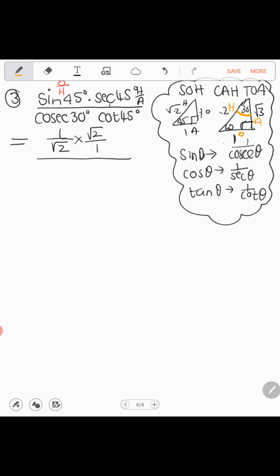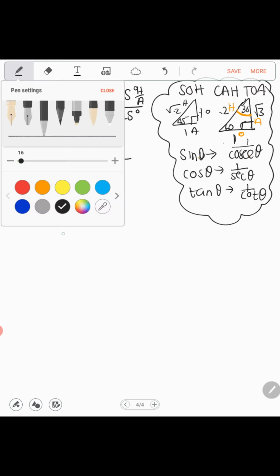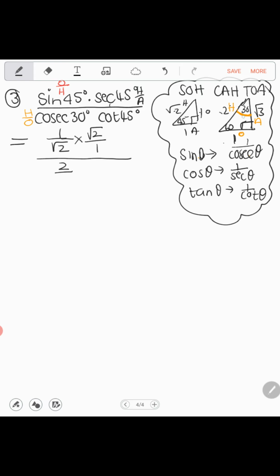Cosec goes with sine, so this is going to be H over O. Alright, so looking at the orange ones, H is 2, and O is 1. And finally, cot 45, back to the 45, cot goes with tan, so tan is O over A, so this is going to be A over O. In this triangle, it's going to be 1 over 1.